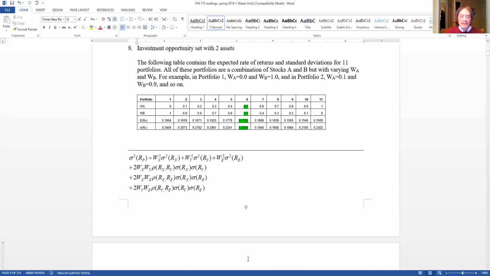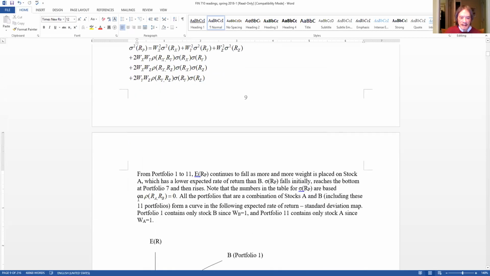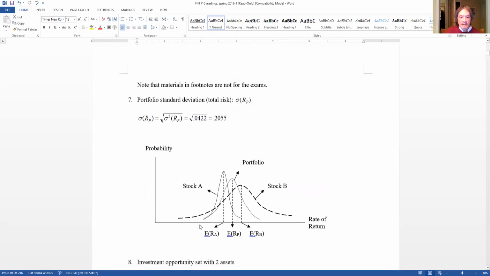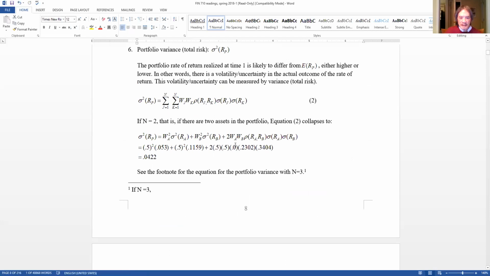Of course, the construction of these portfolios is all based on the assumption that the correlation between the two assets, A and B, is 0. In other words, when we calculate the variance, we enter a correlation equal 0.